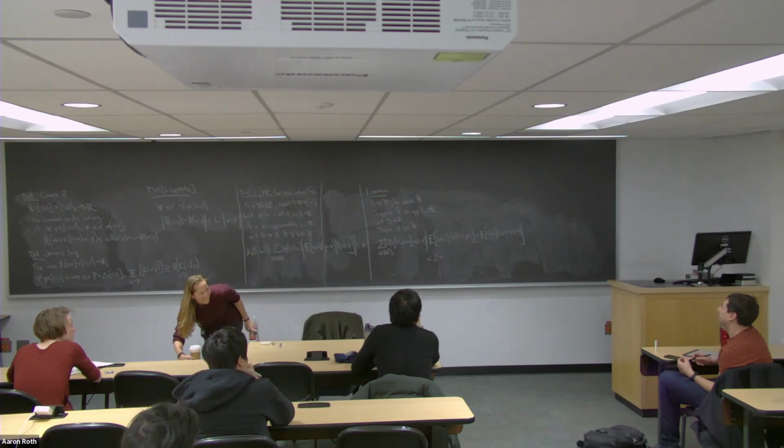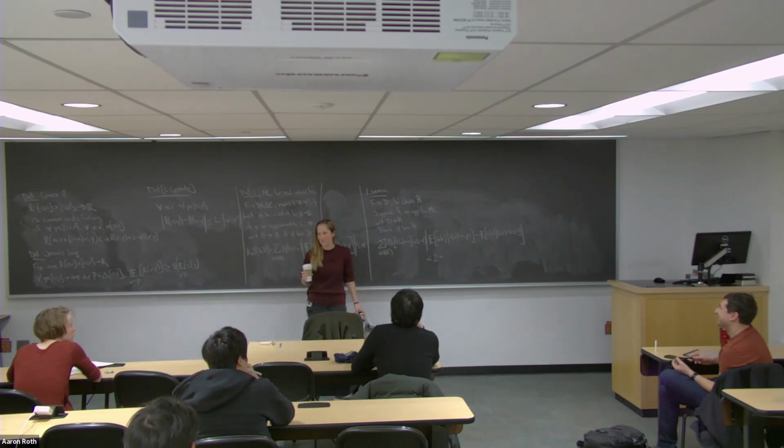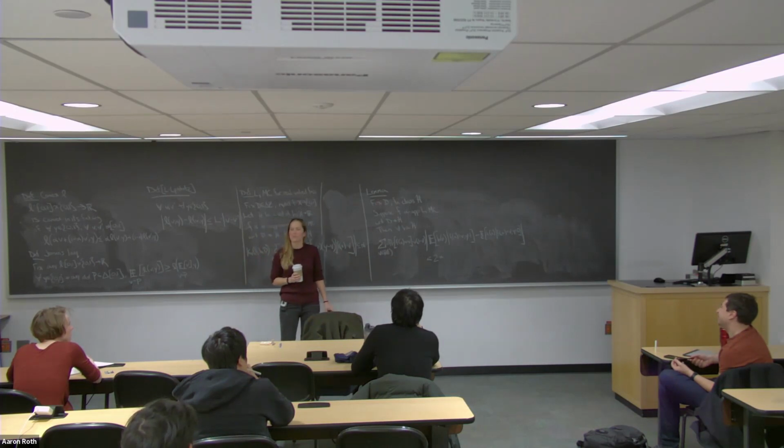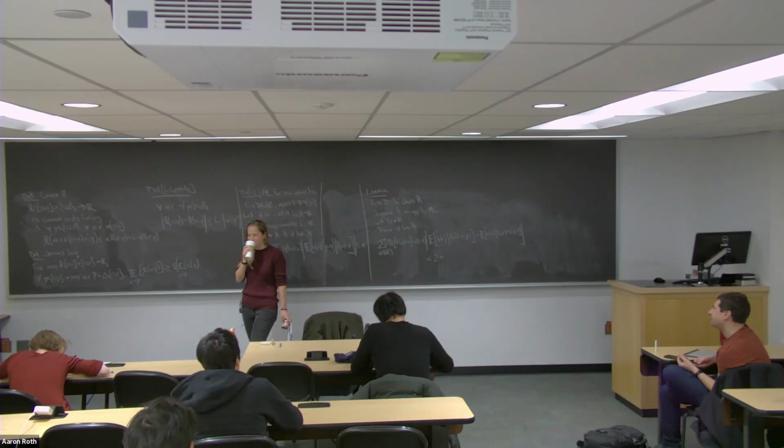Yeah, you are right to be spiritually troubled by this. So I will leave that as an exercise to the class. I would be interested in how to prove this without the v. Please email us if you figure that out.